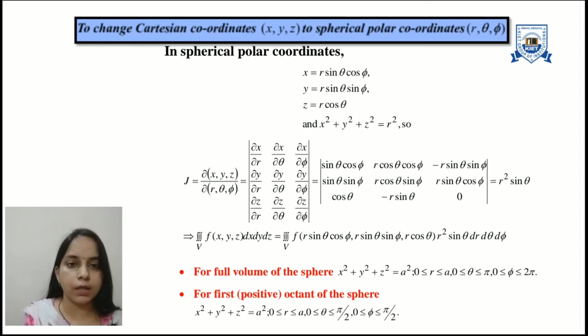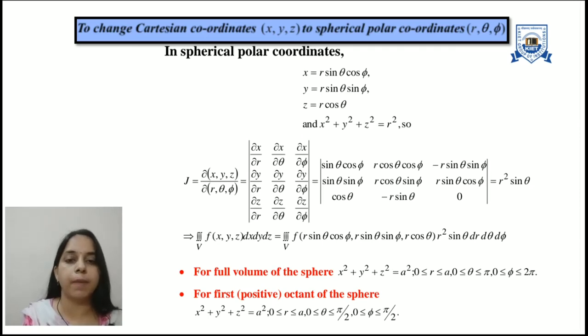In spherical coordinates, the transformation is x equals r sin theta cos phi, y equals r sin theta sin phi, z equals r cos theta, and x square plus y square plus z square equals r square. That is the standard equation of the sphere. And the Jacobian of x, y, z with respect to r, theta, phi is r square sin theta.